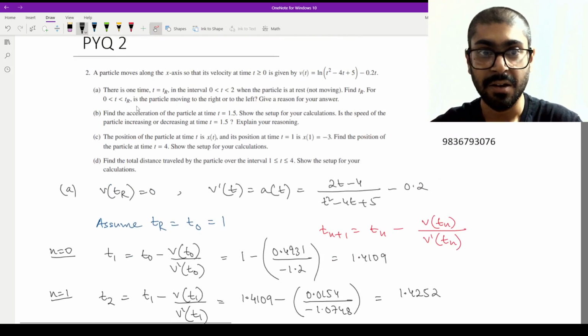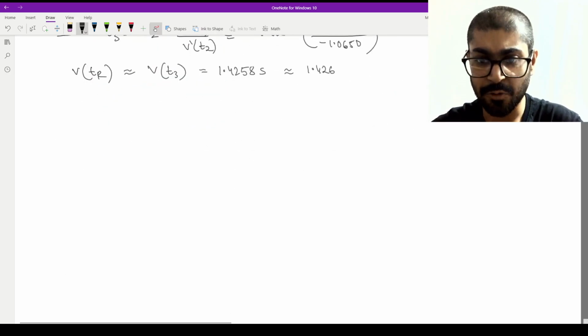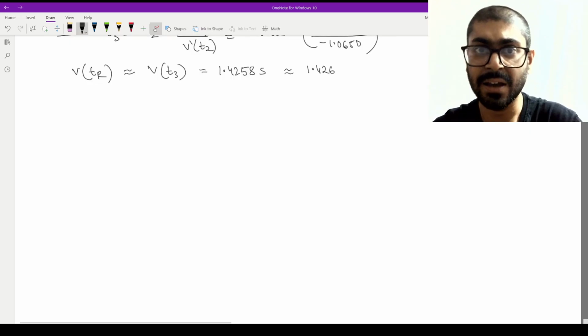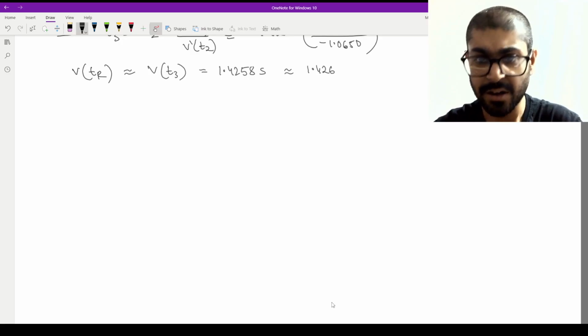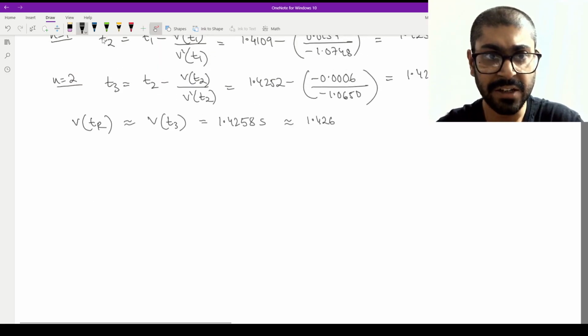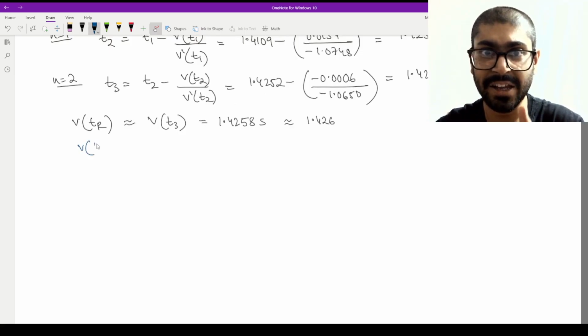Is the particle moving to the right or to the left? So that we have to calculate. Now we have the value of V of TR is greater than 0, right? Let us calculate V of T at 0.